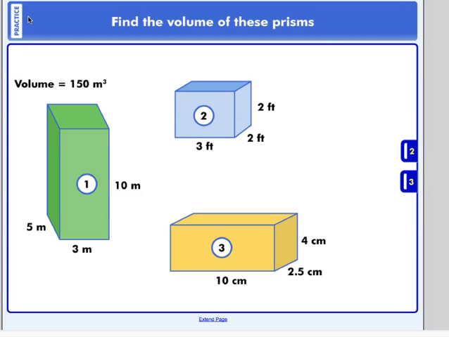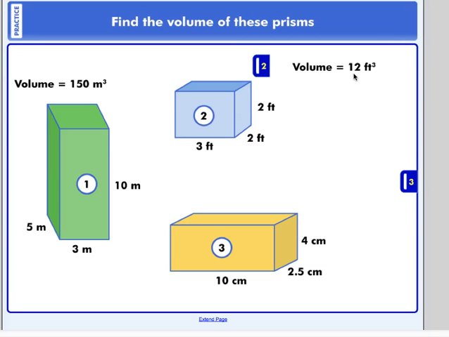Okay, now you have calculated the volume for figure 2 and for figure 3. So let's check and see how you did. Figure 2, area of the base is 3 by 2, so the area would be 6 times the height of the prism 2. 6 times 2 is 12.